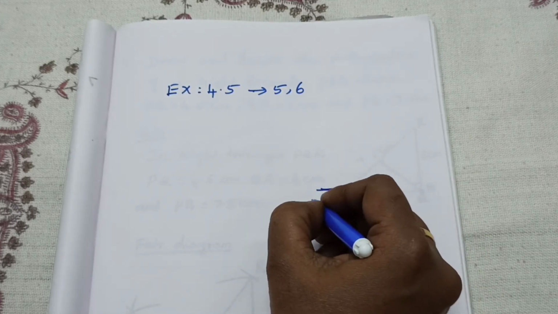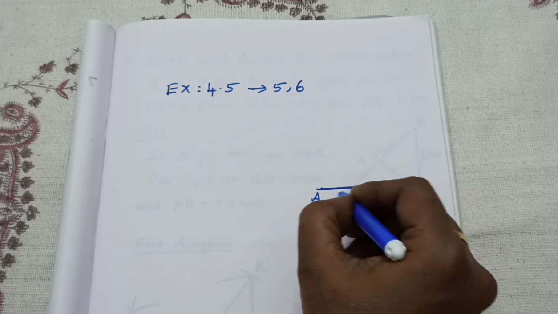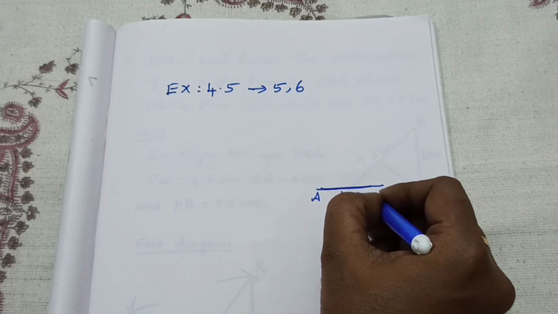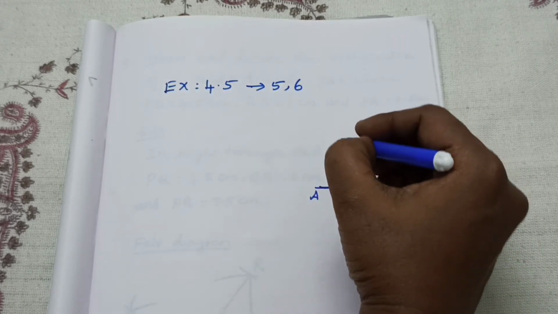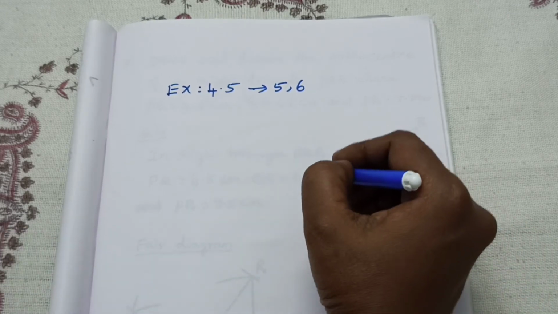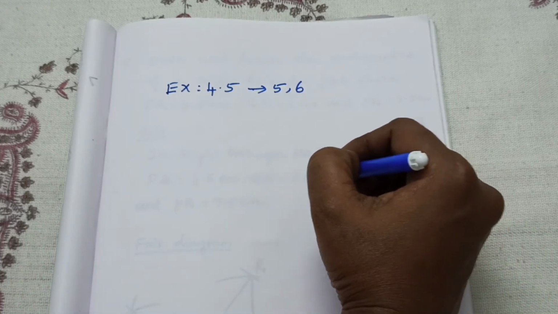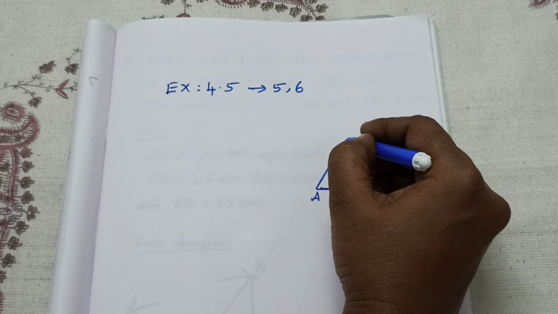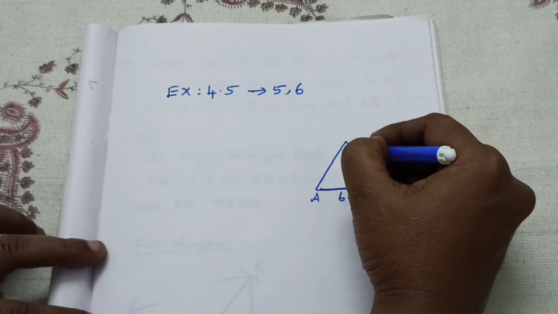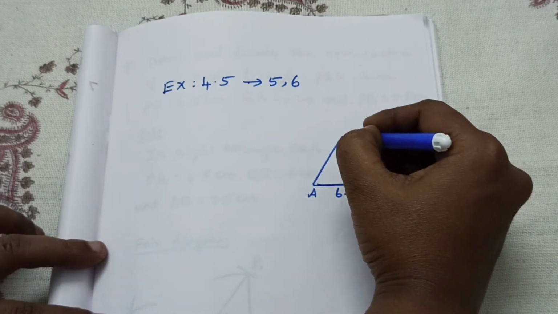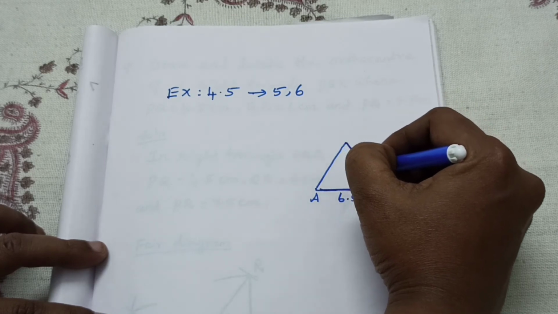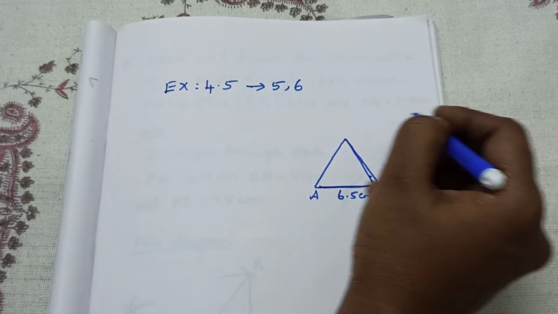Okay. So shall we take here A, B, and this is 6.5 centimeter. Like that, AC also. Take your compass 6.5 centimeter. Then three sides also equal only it will come. Understood?